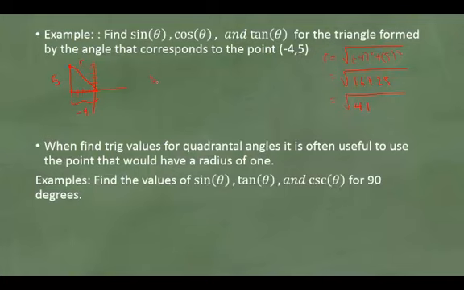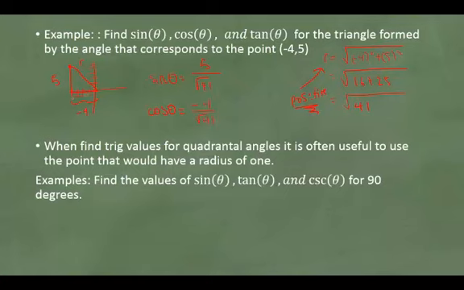So sine theta is y, or 5, over square root of 41. Cosine theta, and remember, r is always going to be positive, by the way. It's never going to be negative. Always positive. Cosine theta is negative 4 over square root of 41.